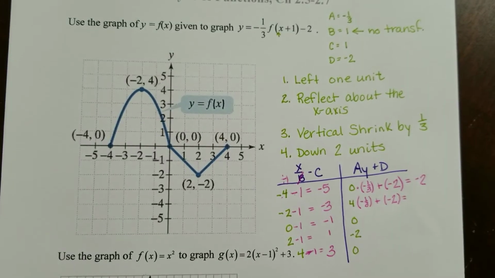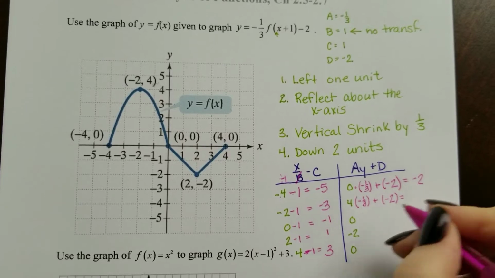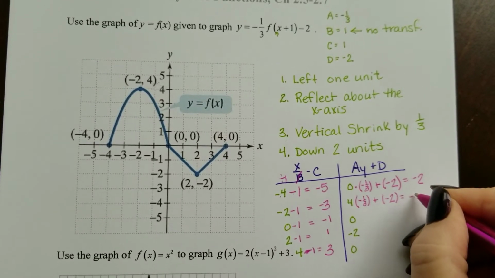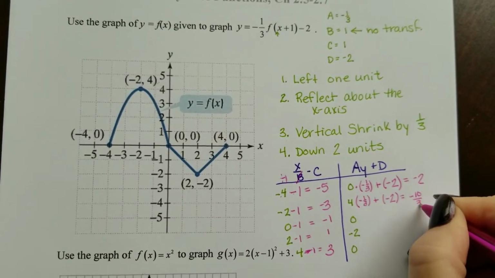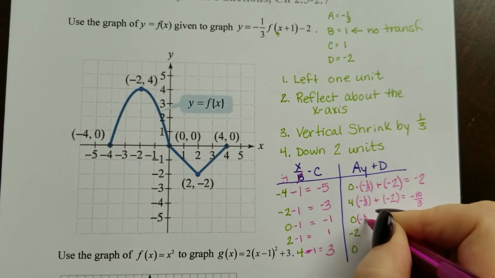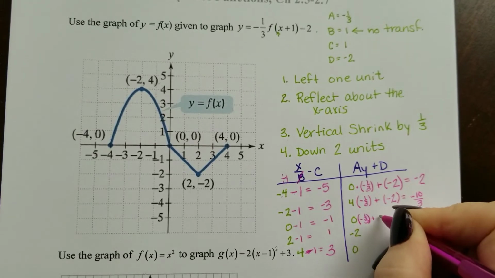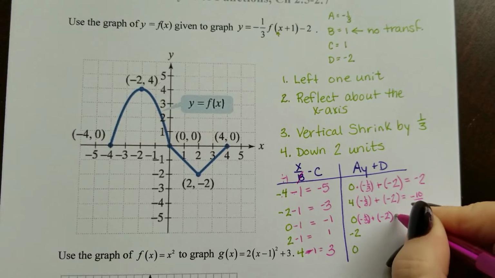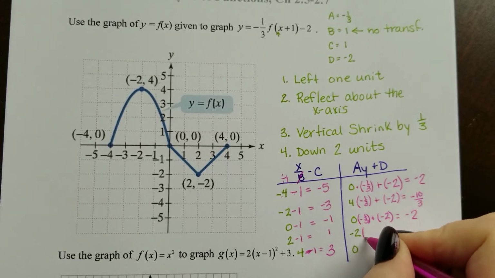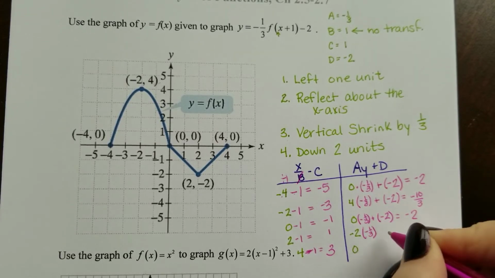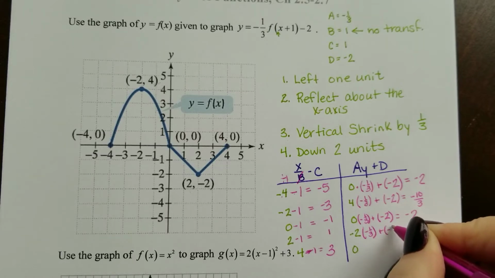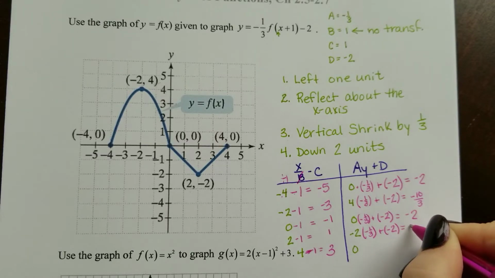Okay, so when you do this math, you're going to get -10/3. 0 times -1/3 plus -2. We did that one just above here, so that's -2. 2 times -1/3 is 2/3 plus -2 is going to be -4/3.